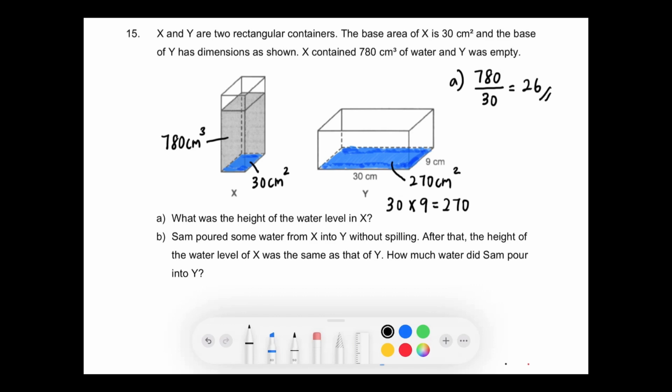Part B. Sam poured some water from X into Y without spilling. So some water is apparently poured from container X to container Y without spilling.